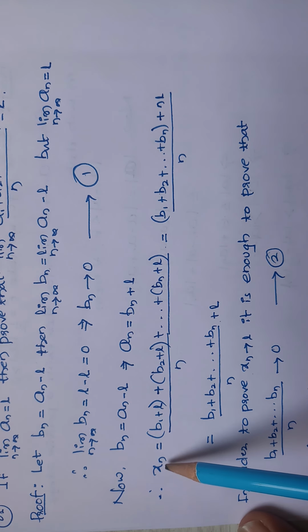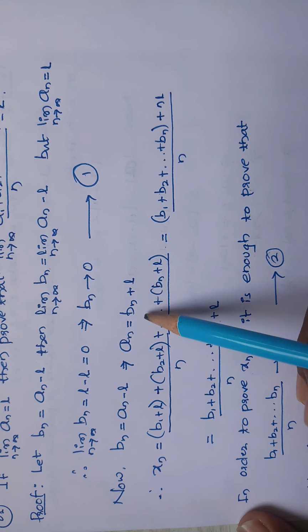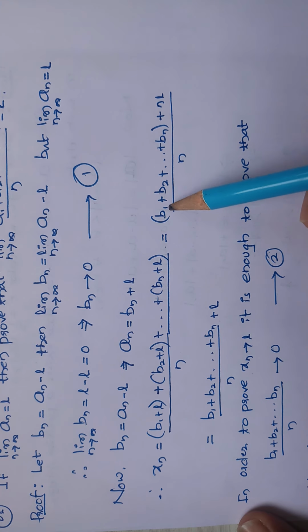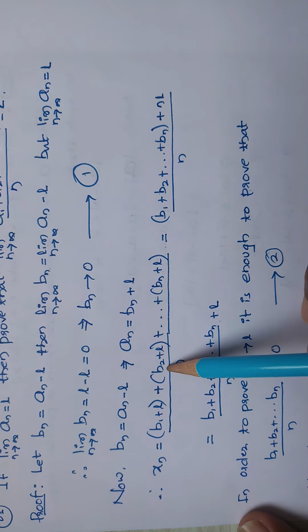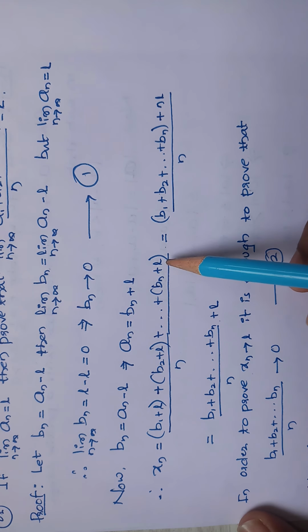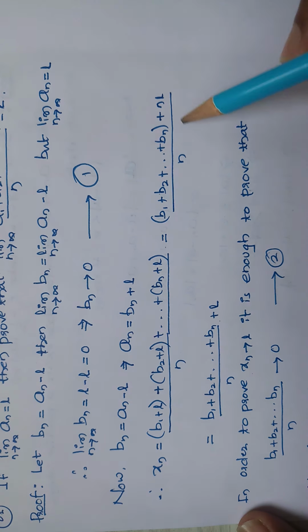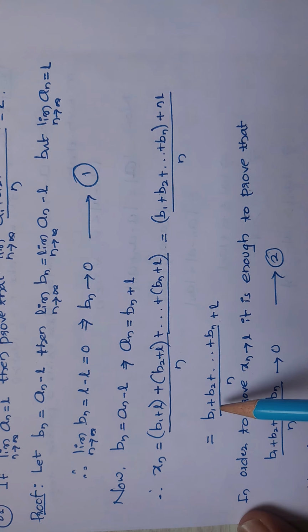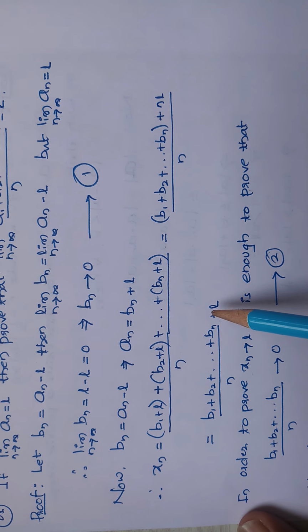So this is equal to (b1 plus L, b2 plus L, so on Bn plus L) divided by n. So here I am taking b1 plus b2 plus so on Bn in one form, plus these are n times L terms, so plus nL divided by n. So after dividing it will become (b1 plus b2 plus so on Bn) divided by n plus L, because nL divided by n, the n gets canceled, remains L.